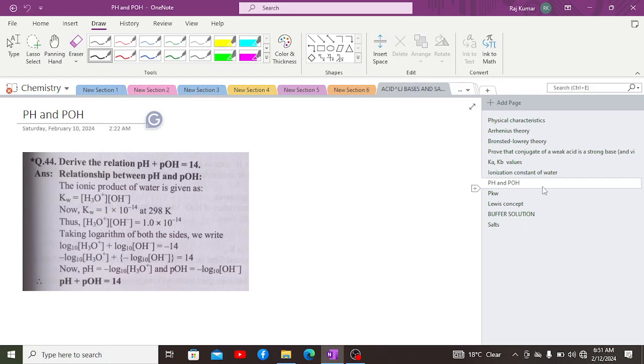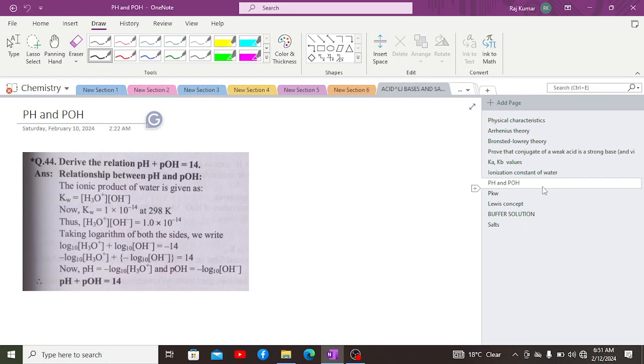But the property of solutions is defined by the pH and pOH values. The pH determines the hydrogen ion concentration present within the solution, and pOH determines the OH ion concentration within the solution.